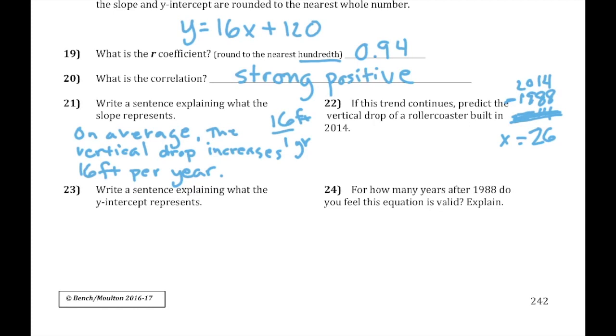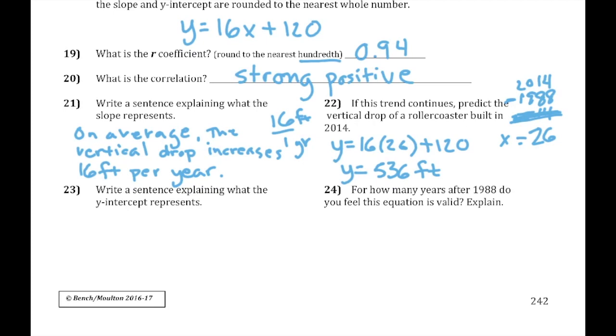We're going to substitute it into our equation. So y equals 16 times 26 plus 120. And we would get that the vertical drop would be about 536 feet in 2014.